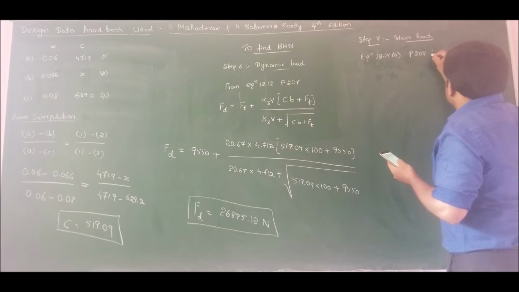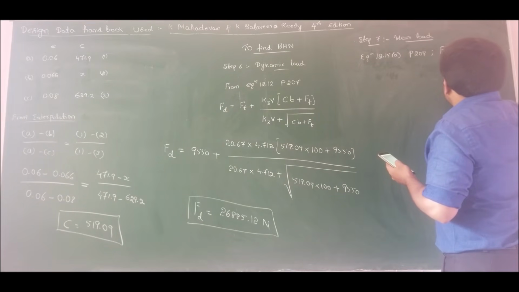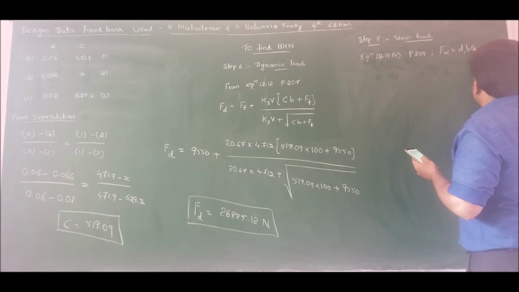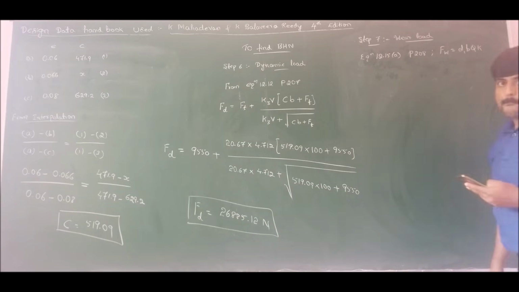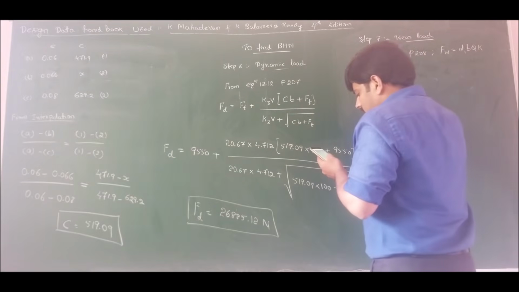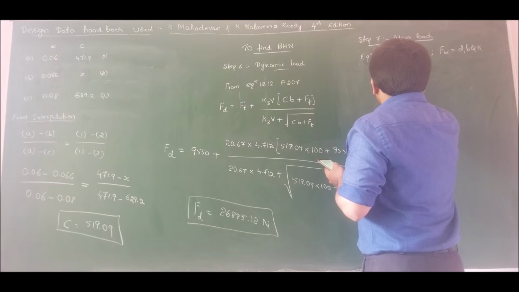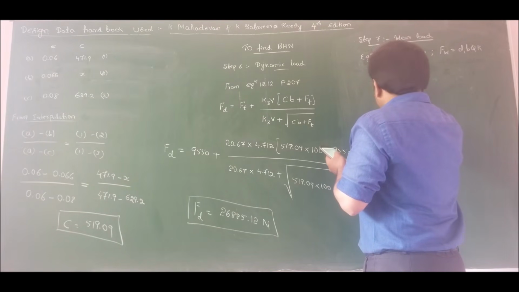The equation is FW = d1 × b × Q × K, where Q is determined by using the formula Q = 2d2/(d1 + d2).